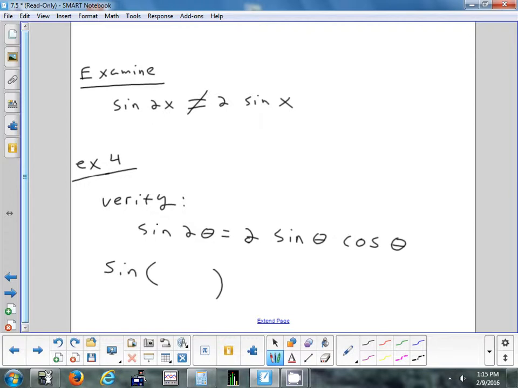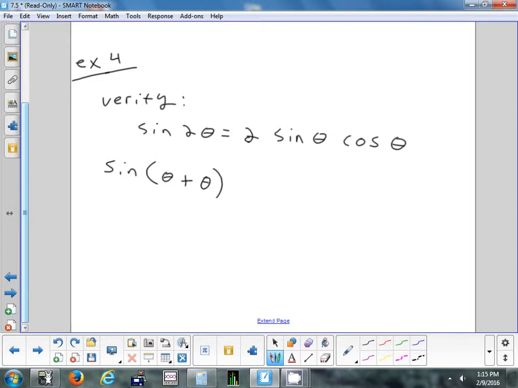Theta plus theta. Right. Could do it as theta plus theta. Now, this has a name. What is this on the left-hand side now? Yeah, it's the sine sum formula. We have something for the sine of a sum. What's going to be nice here is the first angle and the second angle are the same.